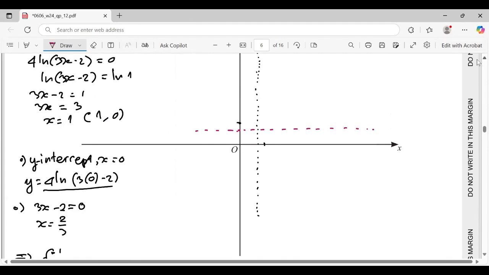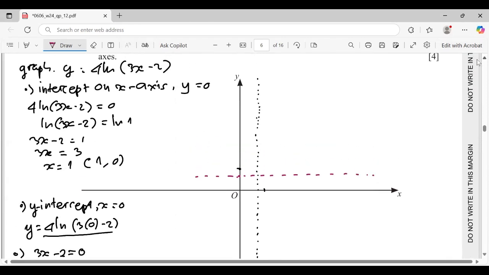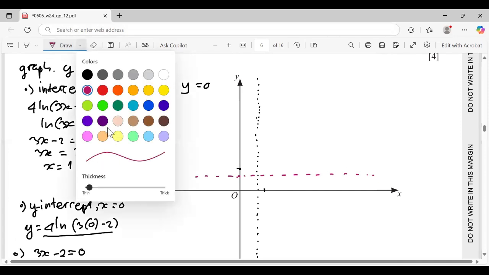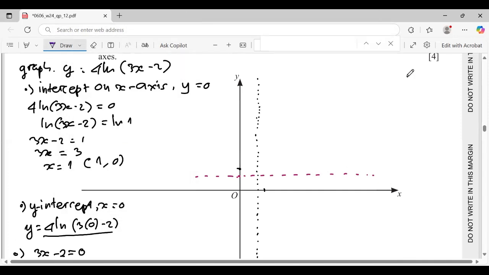Okay, so let's sketch. For f(x), it goes through (1, 0) and becomes like this.